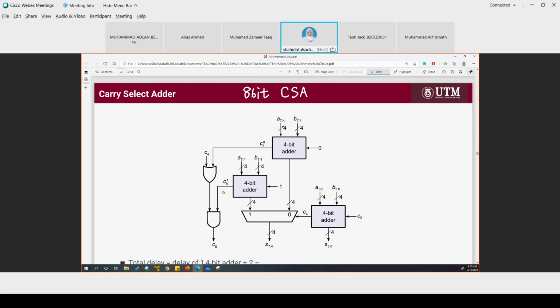In the 8-bit carry select adder, the first 4-bit is here in this block. So this is bit 0 to bit 3. And then here you will see bit 4 to bit 7.